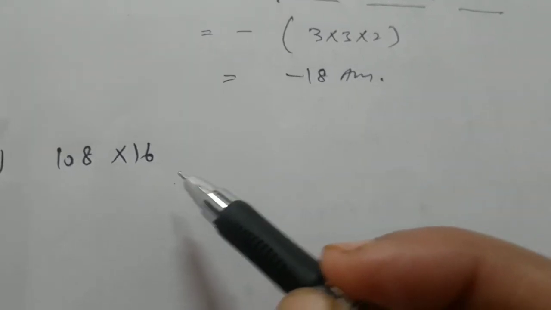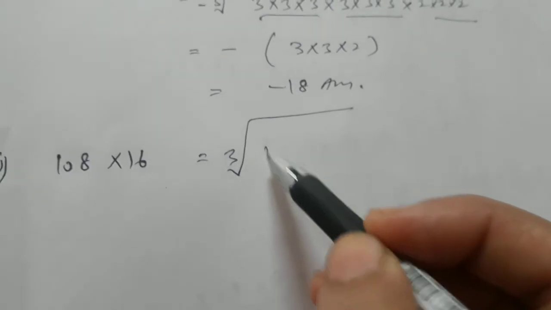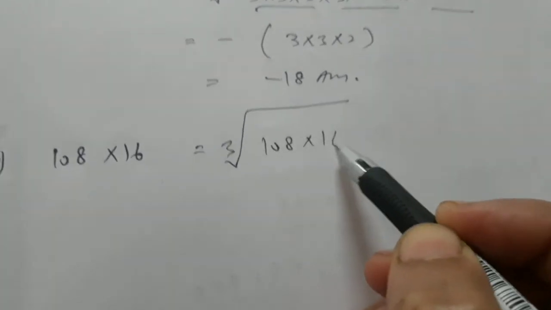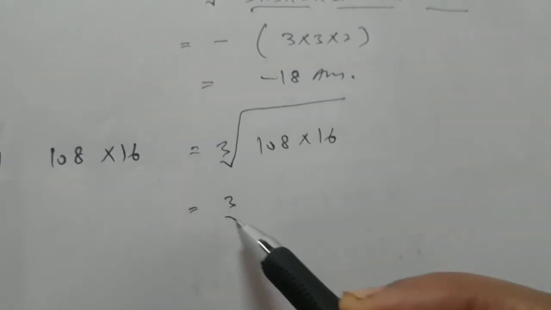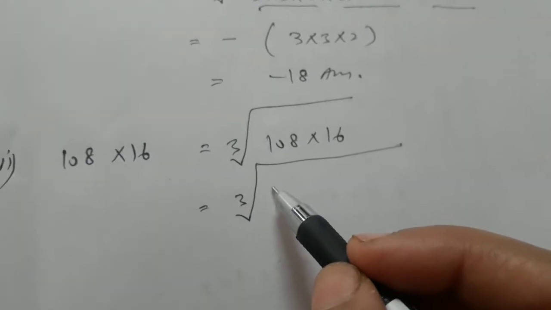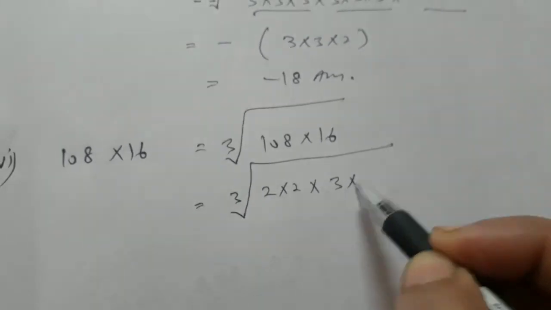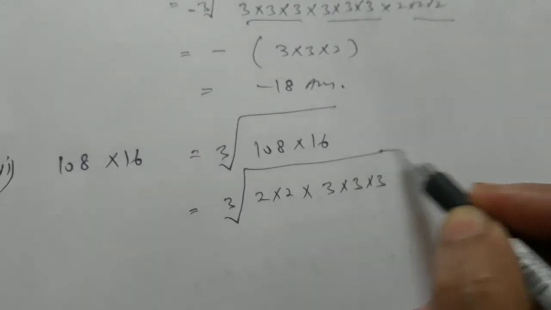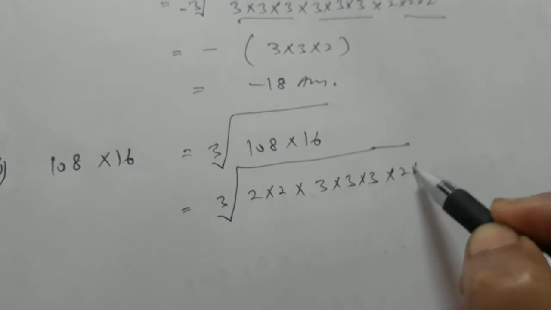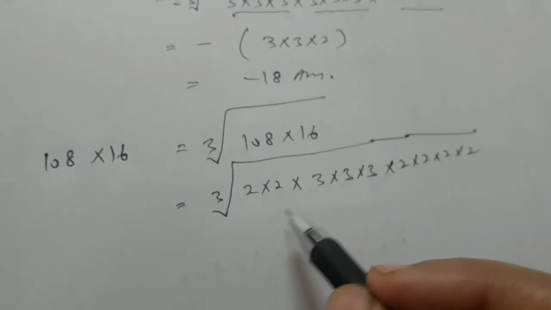Now come to the next part. The sixth part is 108 into 16. The factors of 108 are 2 into 2 into 3 into 3 into 3, and factors of 16 are 2 2s are 4, 2s are 8, 2s are 16. Now making the pairs.